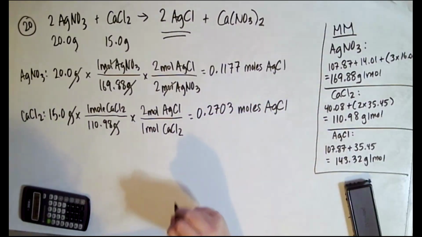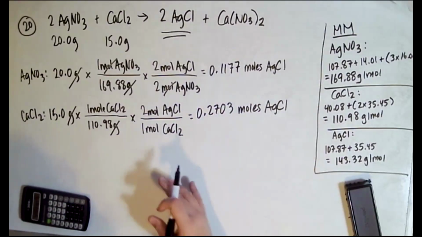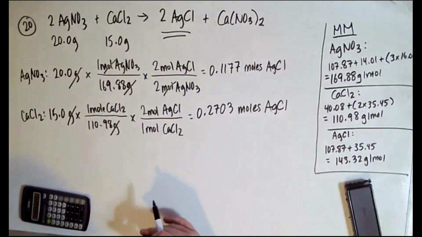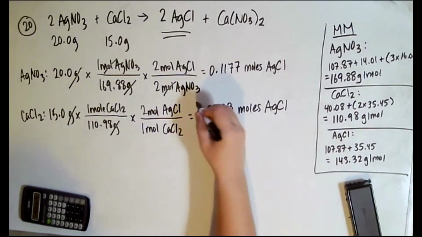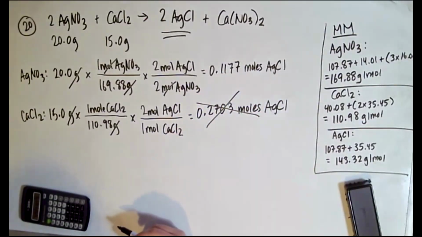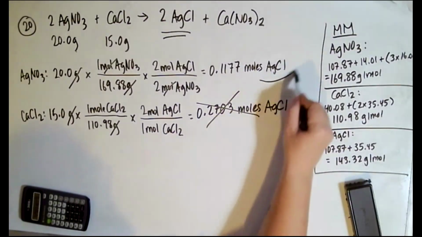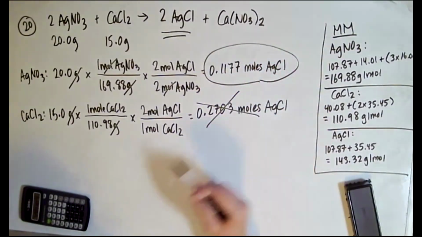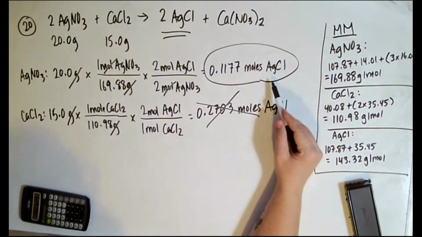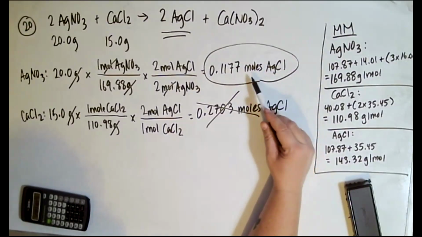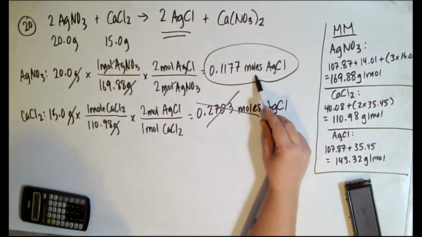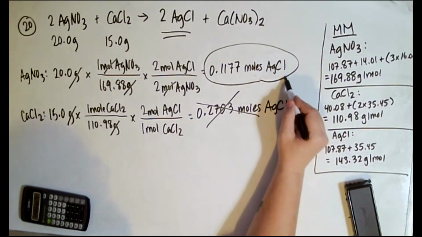Okay, we got those 2 values. Again, because this is a limiting reactant type of question, 100% right away, the bigger number, cross that out so you don't accidentally use it. You're going to focus on this value here. Your 0.1177 is represented in moles. All of those answer choices are in grams.